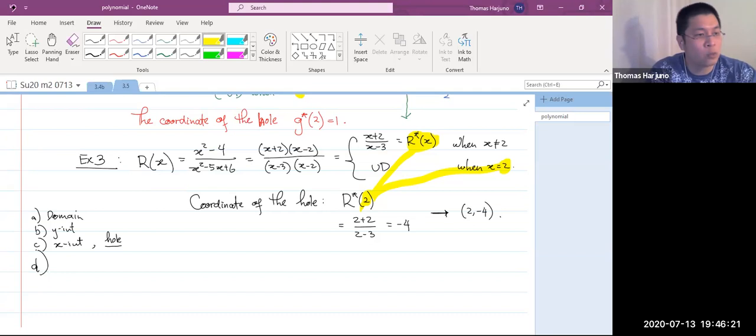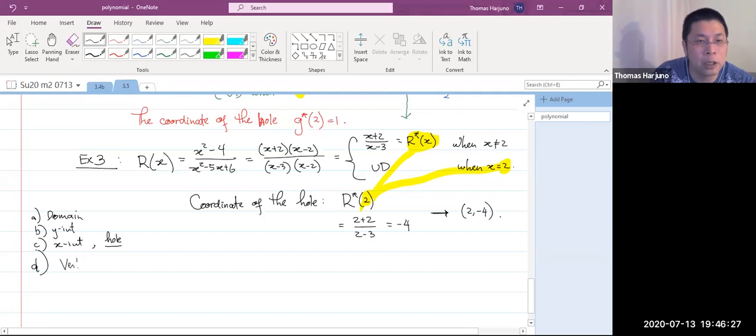Okay, now the next one is vertical asymptote.